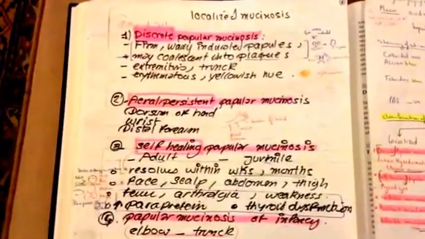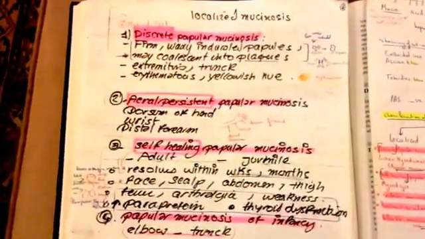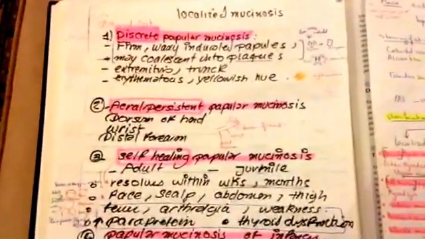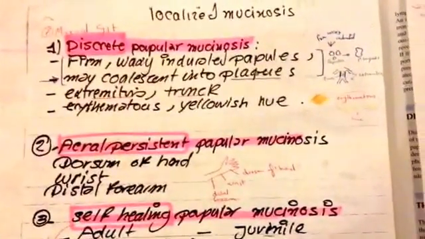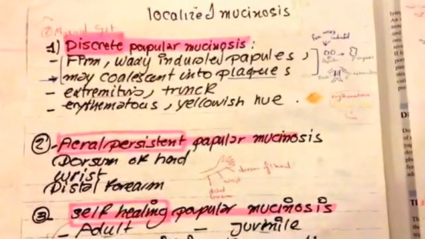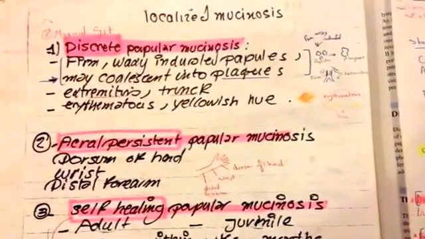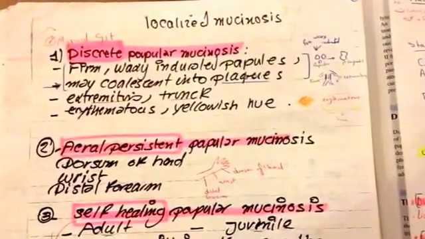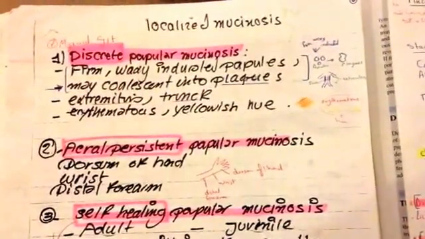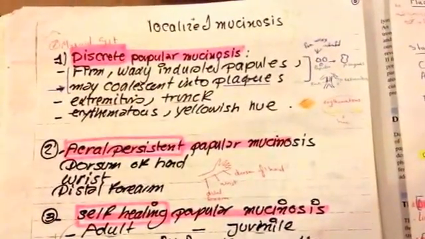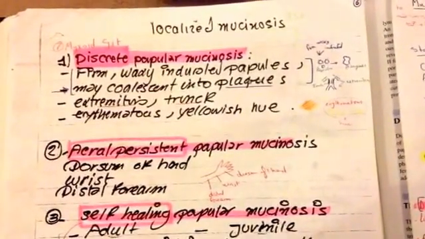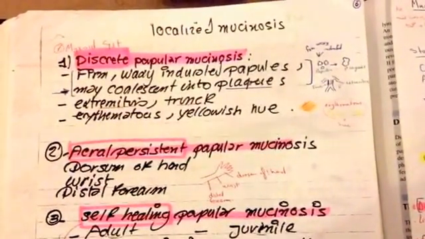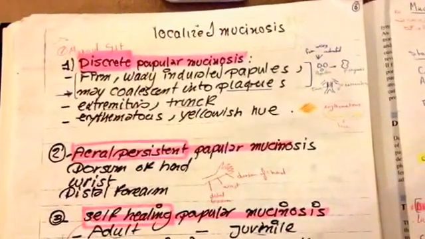And then there is the discrete papular mucinosis: firm waxy indurated papules that may coalesce into plaques in the extremities and trunk, with an erythematous yellowish hue.